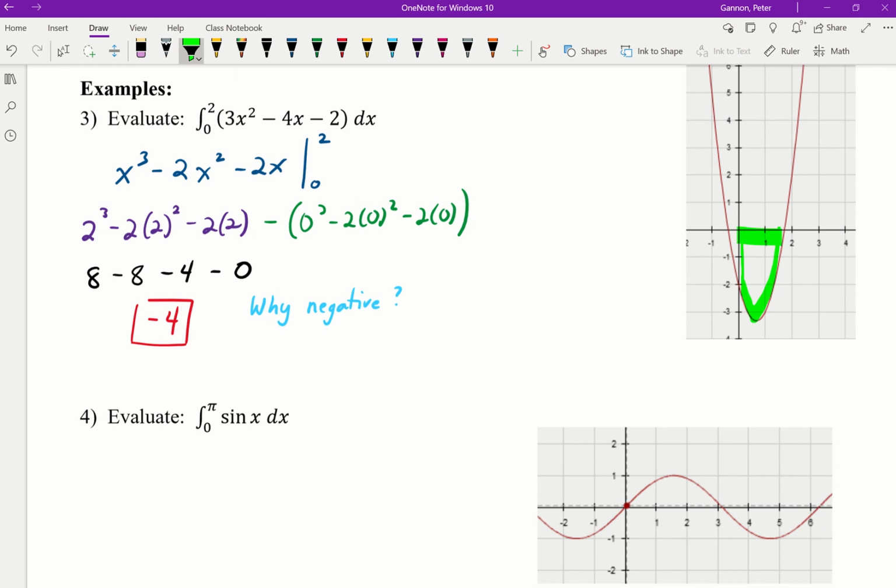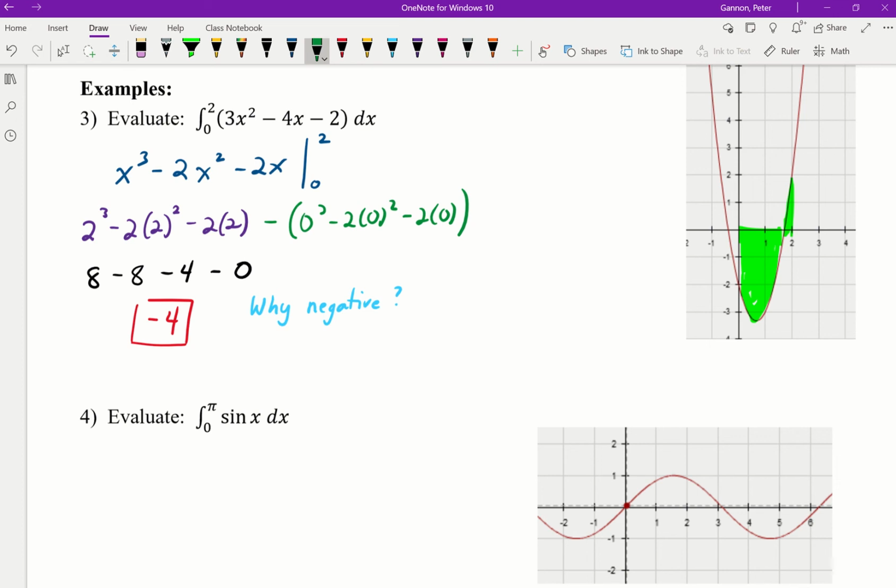So that doesn't quite take you all the way to 2. You have to include this piece over here, and you notice that most of the area is below the x-axis, some is above. But because there's more below than there is above, that's why we end up with that negative answer. So sometimes you're going to be asked a question, why is it negative, or explain your reasoning.